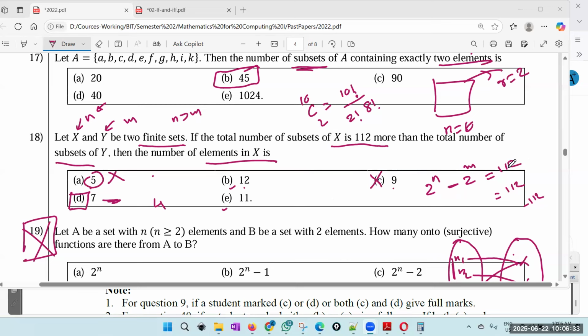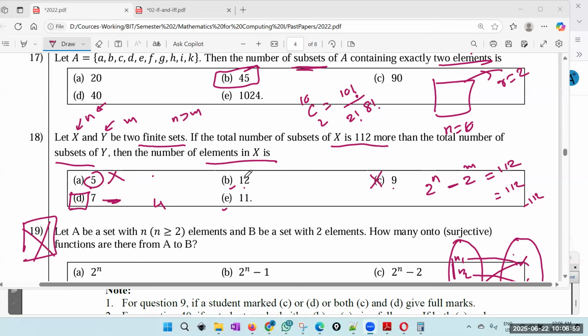Then I subtracted 32 from 112 and checked whether the result is a power of 2, because m must be a power of 2. It was not, so I rejected that. Then I took n as 7. 2 to the power 7 I know. From that, I subtracted 112 and checked whether it is a power of 2, and I found that yes, it is 2 to the power 7. So I took it.